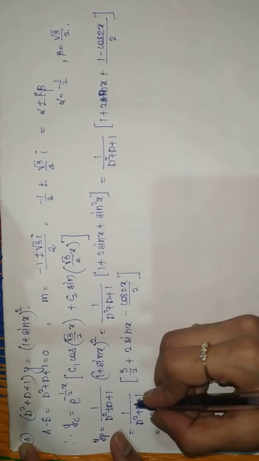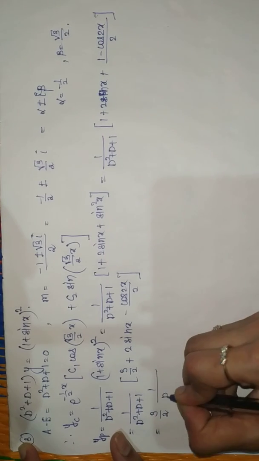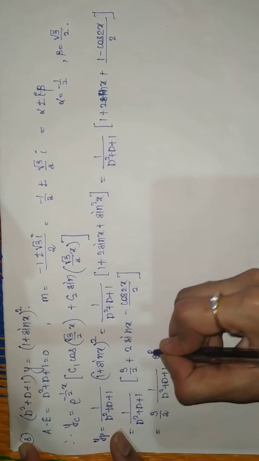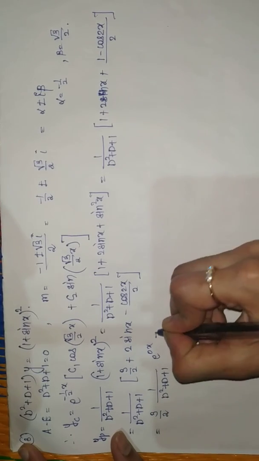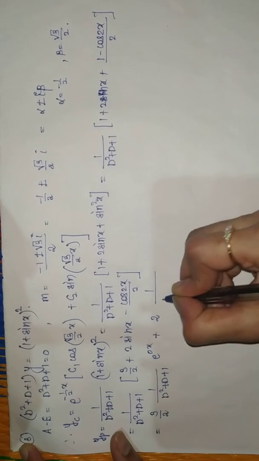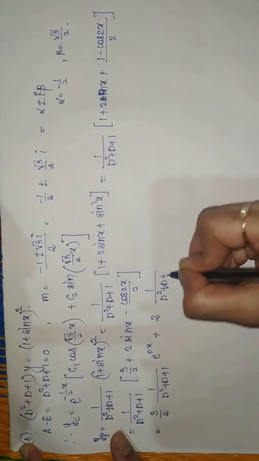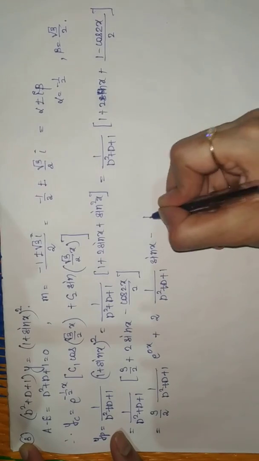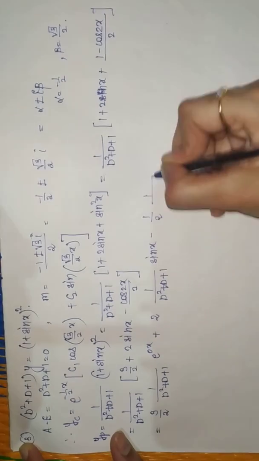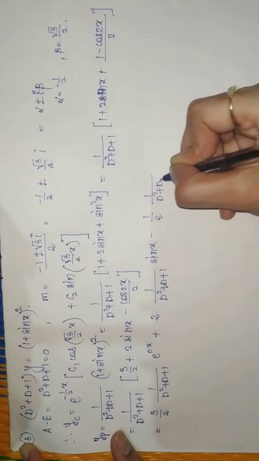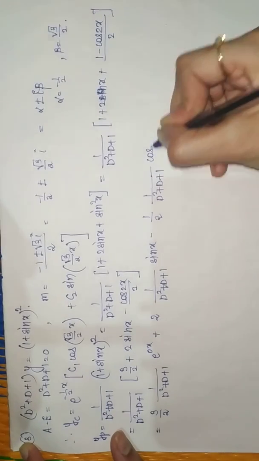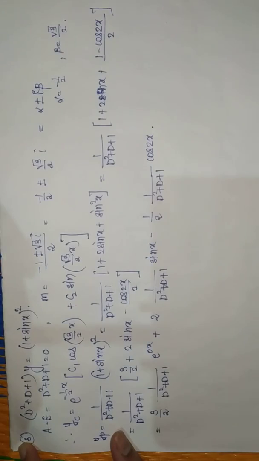Now let's split it. So 3 by 2 is outside, which is a constant, D square plus D plus 1. The remaining thing is 1, so we can write it as e to the power 0x. Plus 2 is also outside, a constant, sin x, minus half 1 by D square plus D plus 1 over cos 2x.